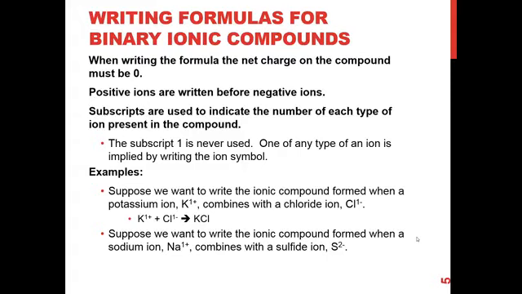In other words, to make this compound, we need 2 Na+ and 1 S2-, because 2 times 1 plus is 2 plus. 2 plus 2- equals 0, which means the formula of this compound is Na subscript 2S.